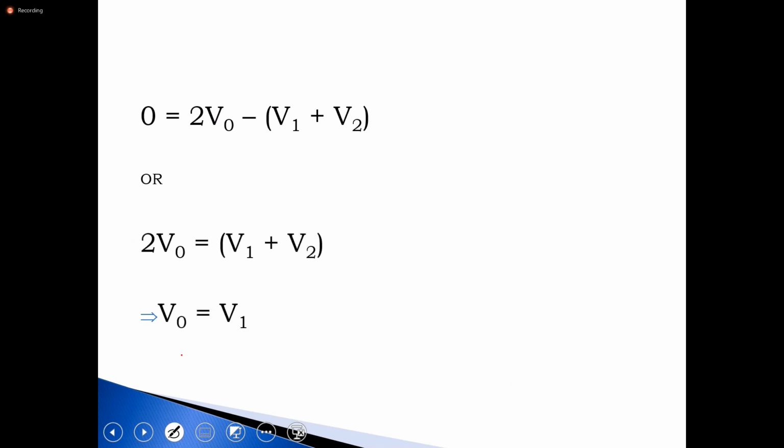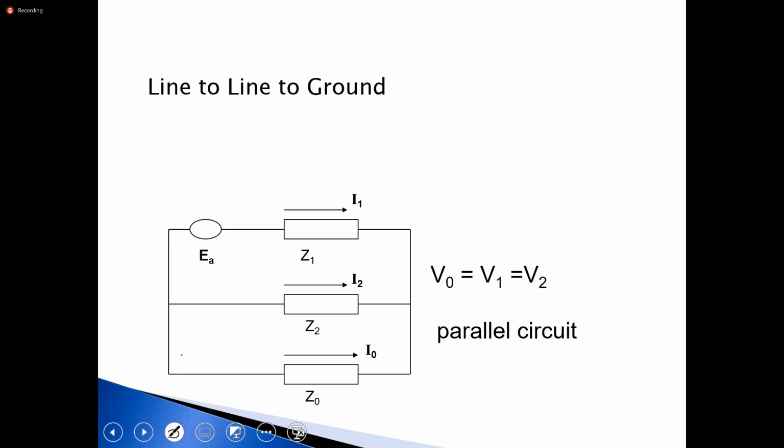So it means, therefore, that for all the networks to have the same terminal voltage, if all the terminal voltages are equal, what that is saying to us is that the networks are in parallel. Yeah. All right.